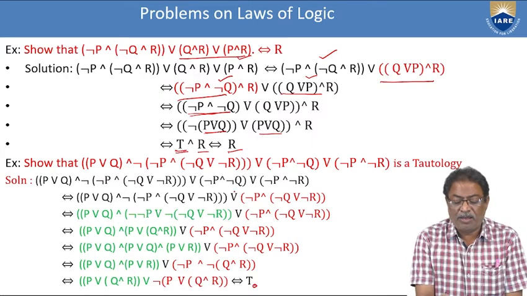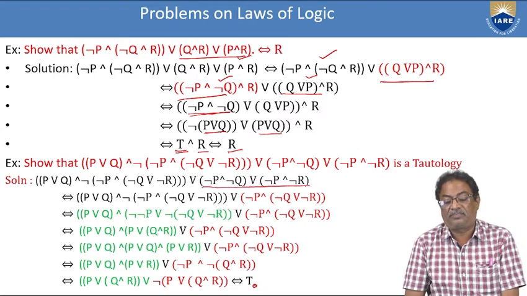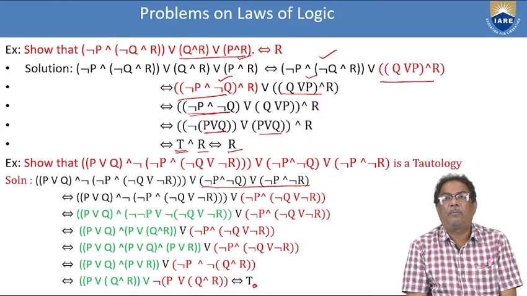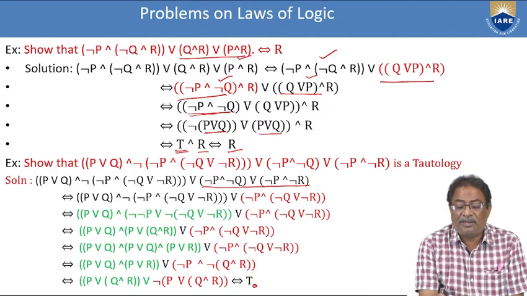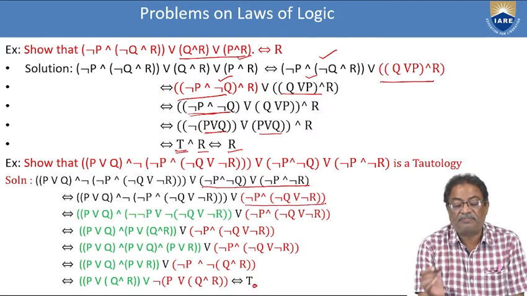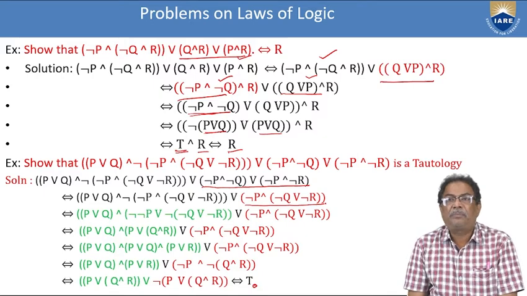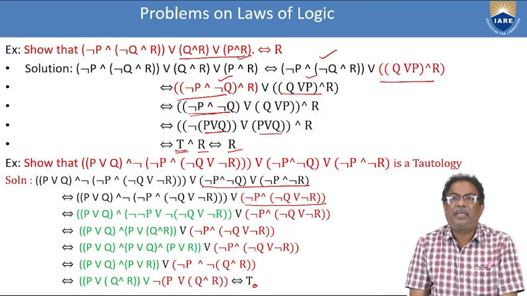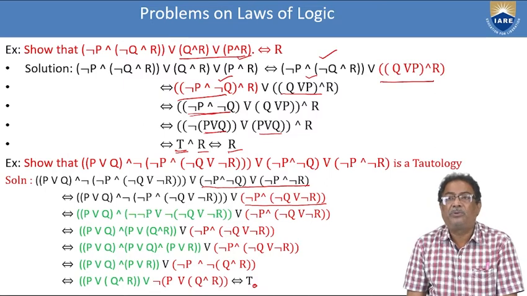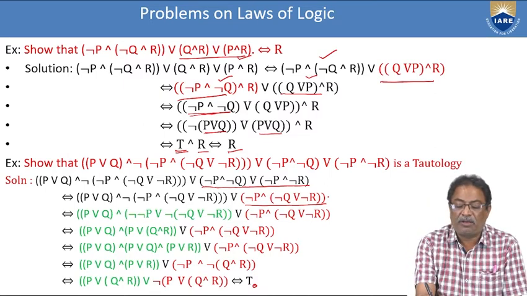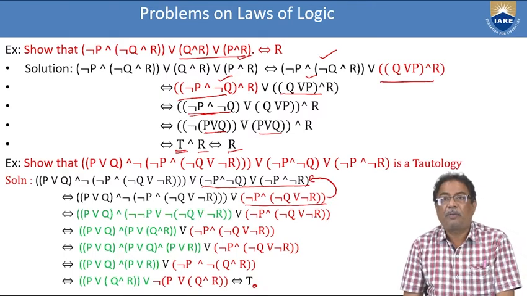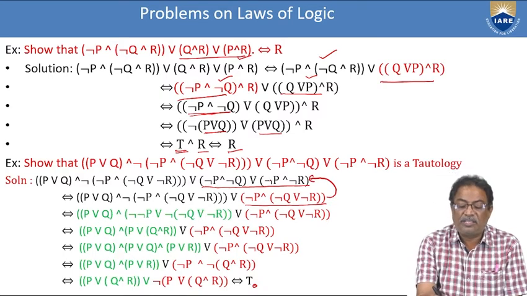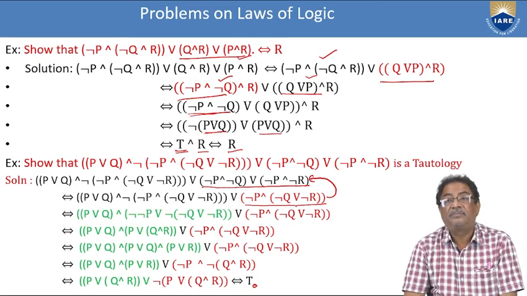Now let us take the first two components and write them like this: negation P and negation Q, negation P and negation R. By using the distributive law, if I apply the distributive law here, I am going to get this. So this is reduced to this one.